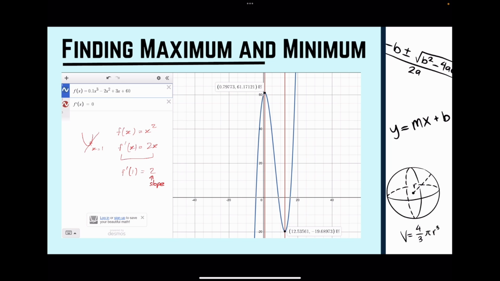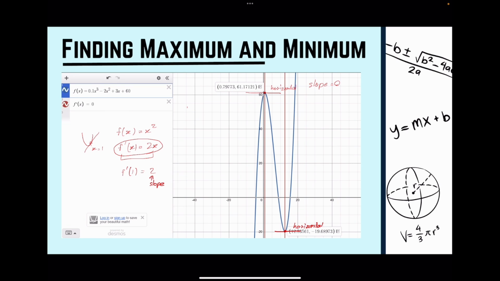So this means we can use this derivative to find the slope of any line that is tangent to the graph at any point. So how do we find maximum and minimum with this? Let's say on this graph, there's a maximum point and a minimum point. The lines that are tangent to the maximum point and the minimum point are horizontal lines, which also means the slopes of the lines are 0.